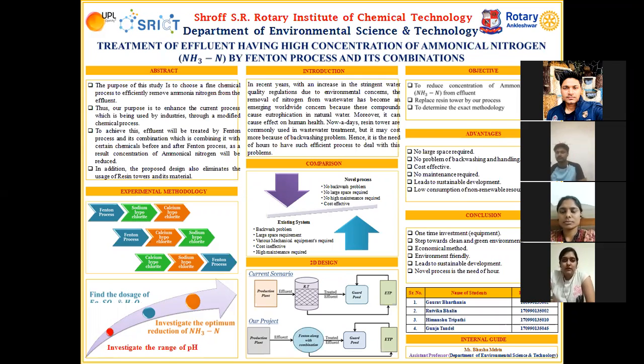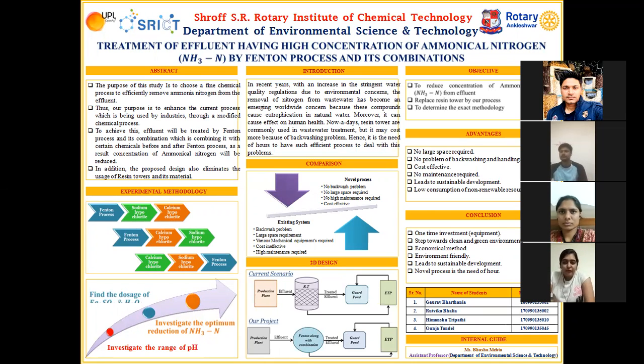First, we'll use calcium hypochlorite and then we'll use sodium hypochlorite. And in the last, that is the third experiment, first we'll treat the effluent by these chemicals, calcium hypochlorite and sodium hypochlorite. Then we will treat it with the Fenton process.